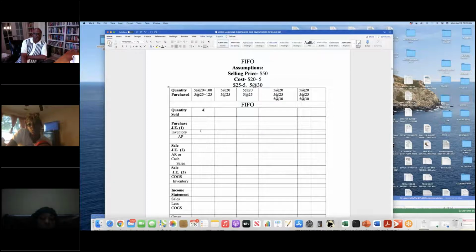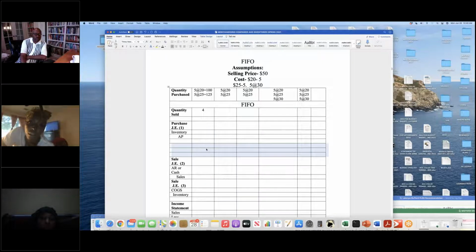Okay, so let's maybe add some columns in here. Because I purchased the 5 shoes for 100 and then the other 5 for the 125.